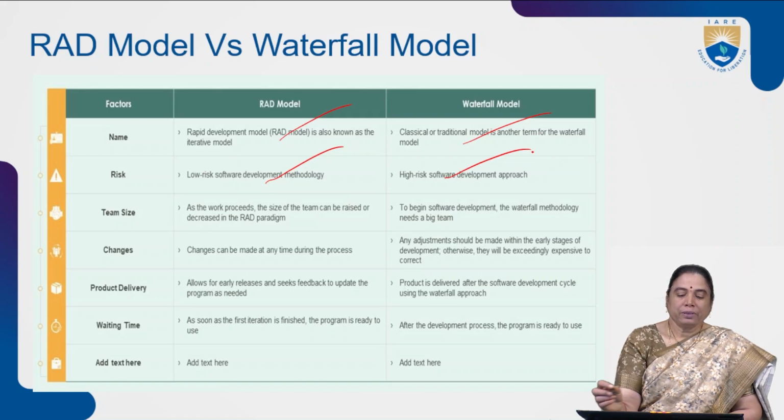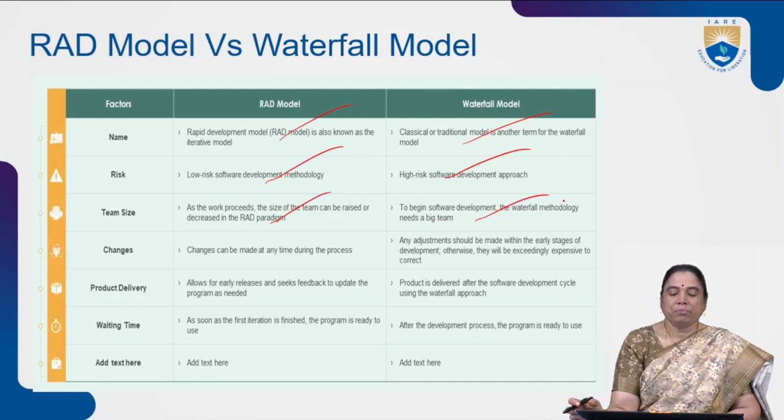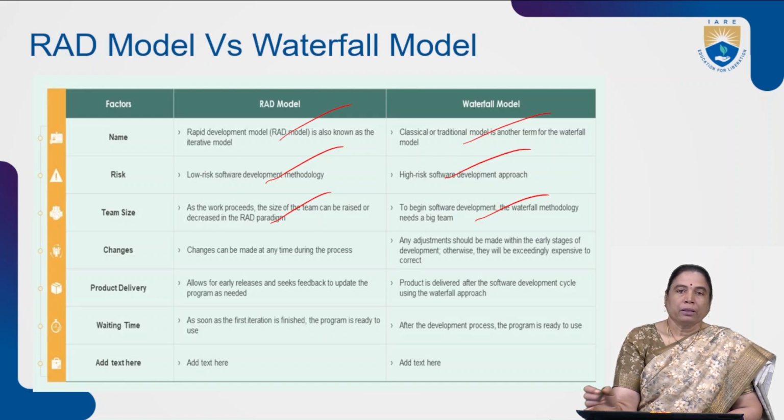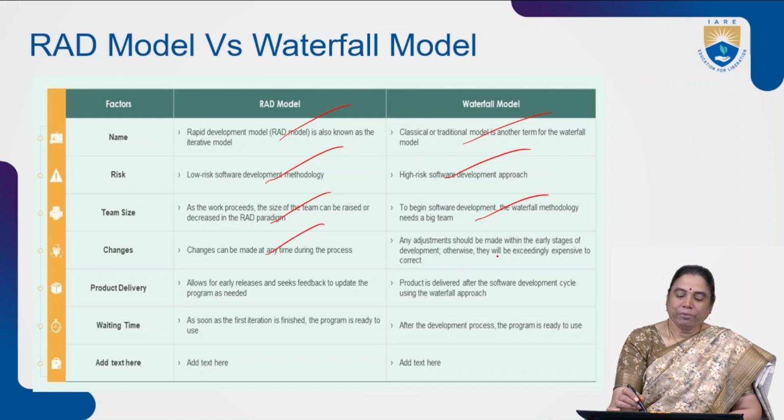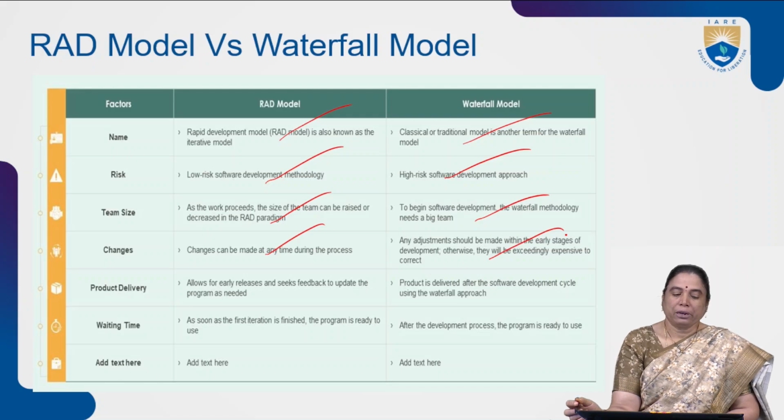The team size is moderate in the RAD model, somewhat middle-sized, while a big team is required for the waterfall model. Change of requirements is adaptable in the RAD model, but it is very difficult in the waterfall model.